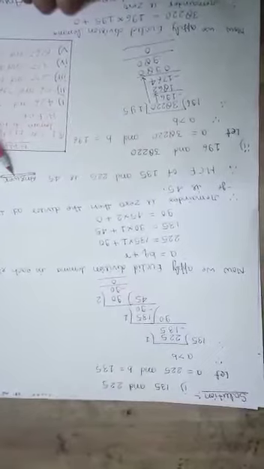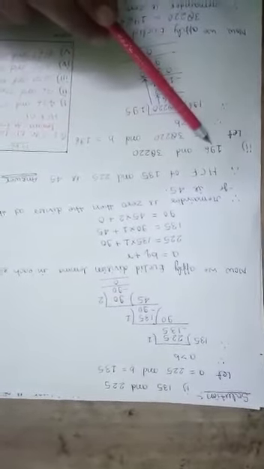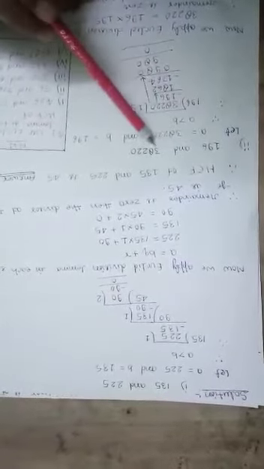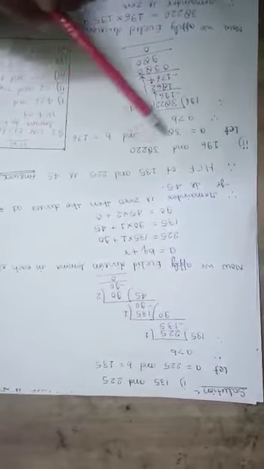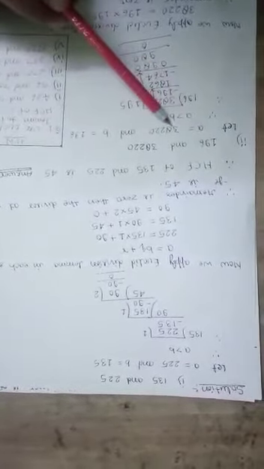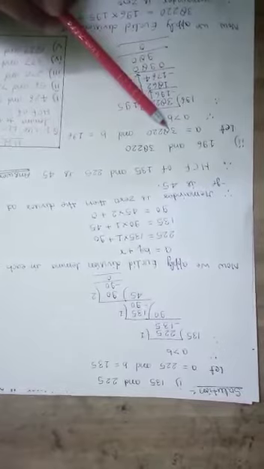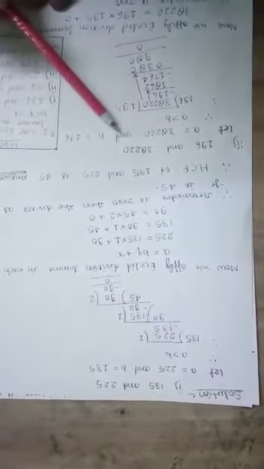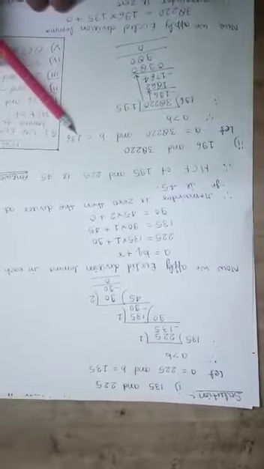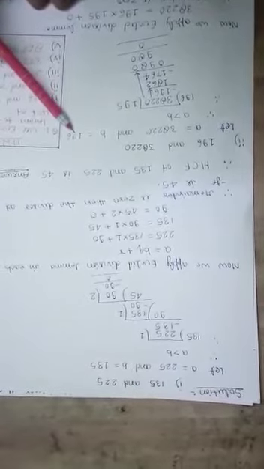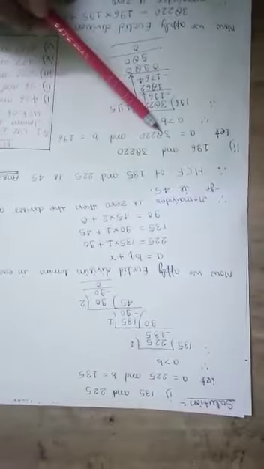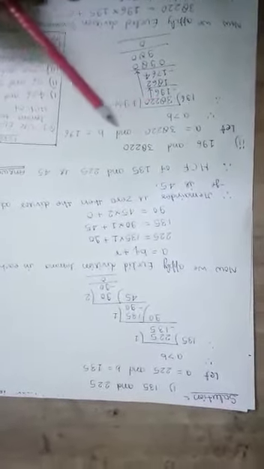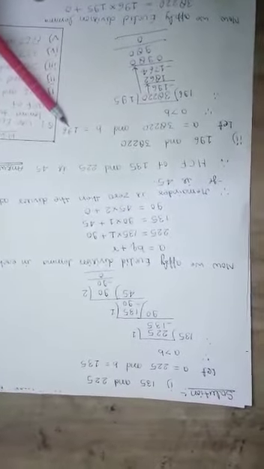It is the answer. Second part, 196 and 38,220. Let the first number a equal 38,220 and b equal 196 is the second number, because 38,220 is greater than 196.